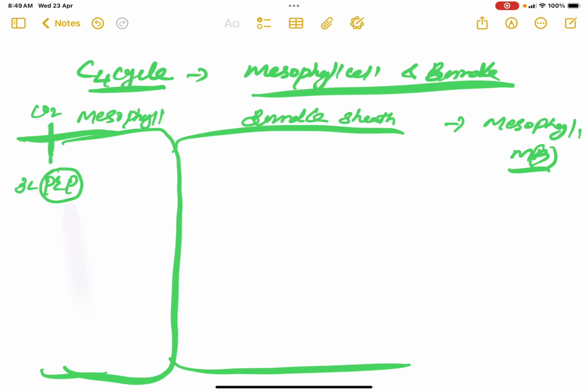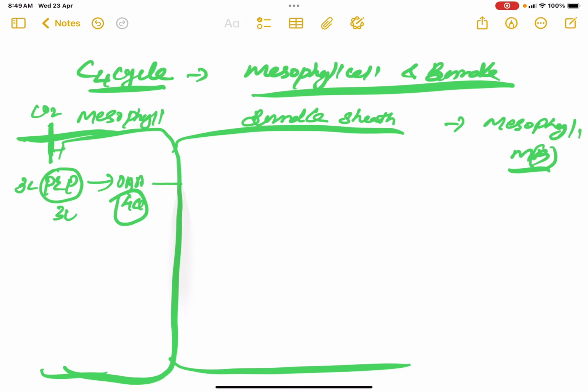This 3-carbon PEP binds with 1-carbon carbon dioxide to form the 4-carbon compound oxaloacetic acid. Oxaloacetic acid is the first stable compound formed during the C4 cycle. Hence this cycle is known as the C4 cycle.